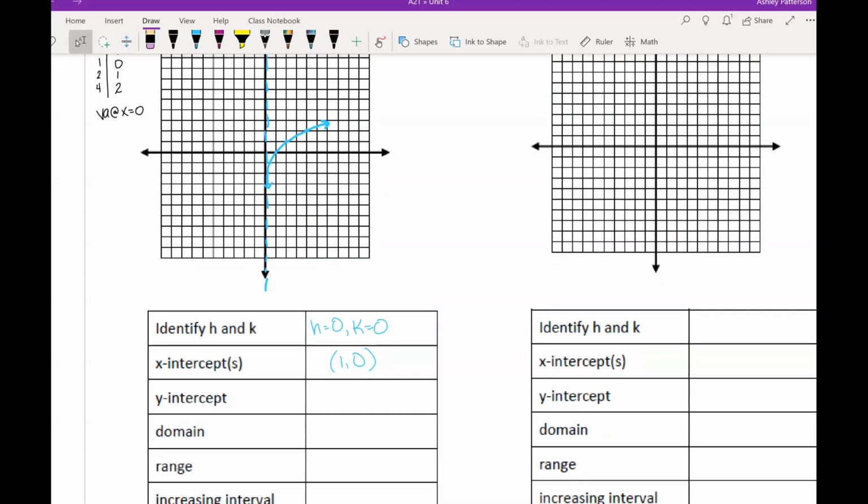For this one, think about your exponential functions. There wasn't an x-intercept because there was a horizontal asymptote on the x-axis. Now, inverse functions, domain and range values switch. So now there isn't a y-intercept because the asymptote is on the y-axis. Okay, now domain and range, well, they're going to switch from the exponential.